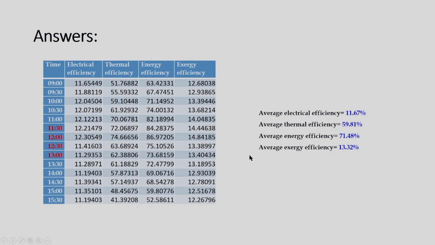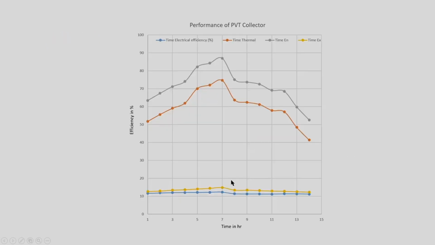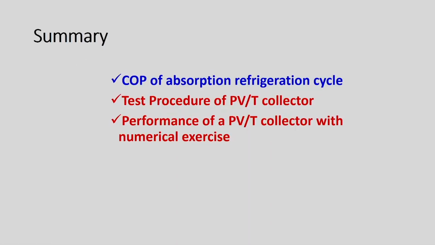The average electrical efficiency is 11.67% throughout the day. Average thermal efficiency is about 60%, average energy efficiency about 71%, and average exergy efficiency is about 13.32%. Okay. So, this way we can do the analysis and investigate the performance of a PVT collector.